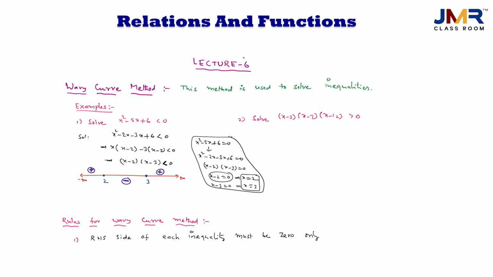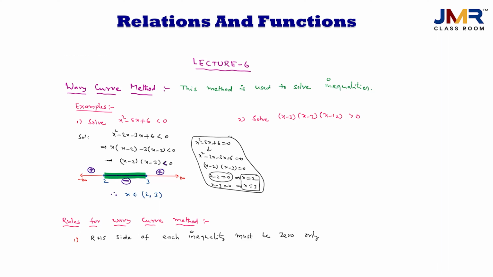But here we are supposed to find the inequation less than 0, meaning negative. Here what interval is negative? You have to collect the interval; that is our solution set. Negative means, see, between 2 to 3 only. So our solution is 2 to 3. So we can write finally x belongs to (2, 3).